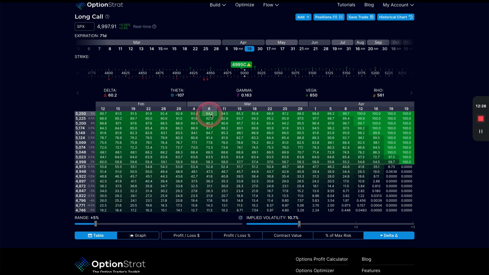The closer we get to expiration, the higher that number goes. That's just the way the modeling works. It's going to have a very high percent chance of expiring in the money the closer you get. So we can, again, look at this whole thing in a table format as well.